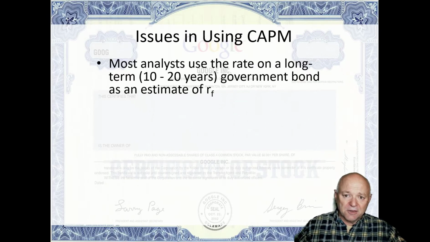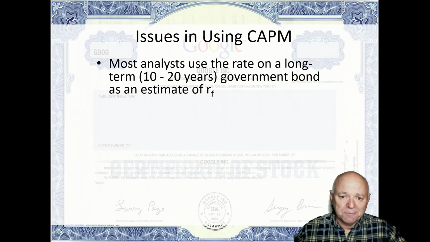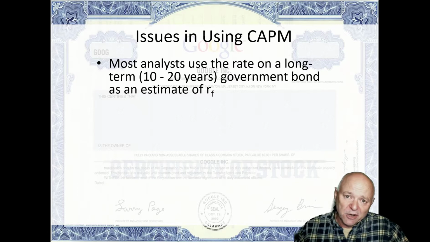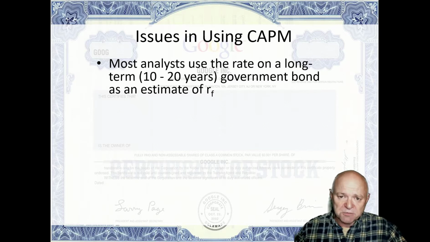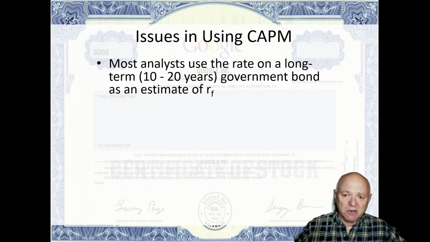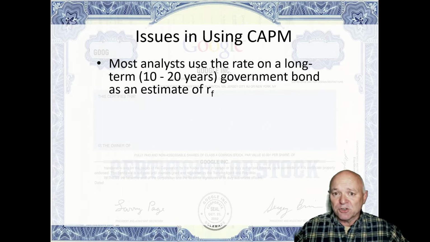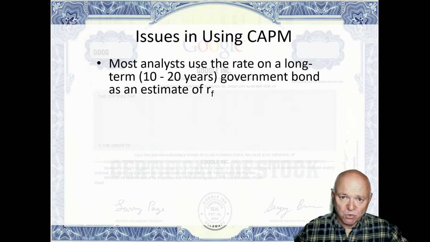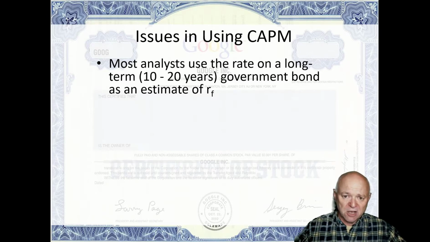Now, there are some issues with CAPM. And even here, I tend to disagree with our textbook in some respects, and most finance professors will not agree on this particular number. It says most analysts use a long-term government bond of 10 or 20 years. That requires regular trading in those bonds to set a price, and there are very few 20-year government bonds in circulation.